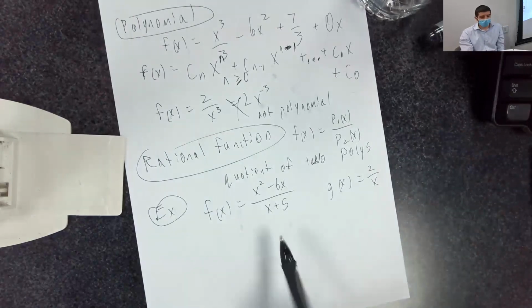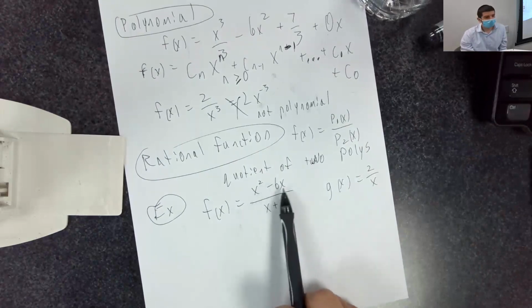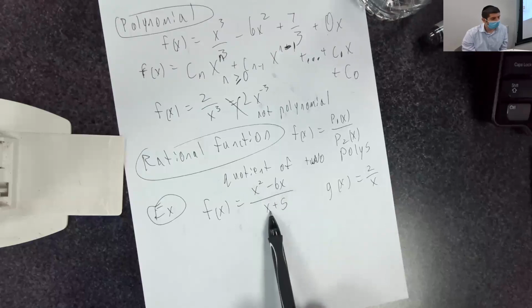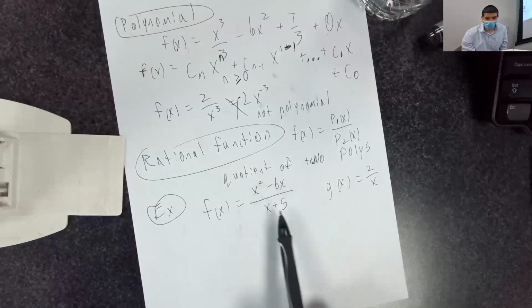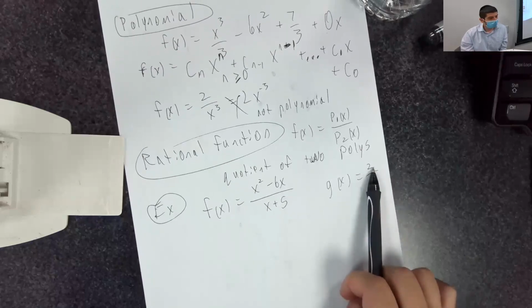These are all rational functions because x squared minus 6x, is the numerator a polynomial? Yeah. x plus 5, is the denominator a polynomial? Yeah. So numerator and denominator are both polynomials. That's what it means to be a rational function. For g of x, let's look at the numerator, 2. Is 2 a polynomial?